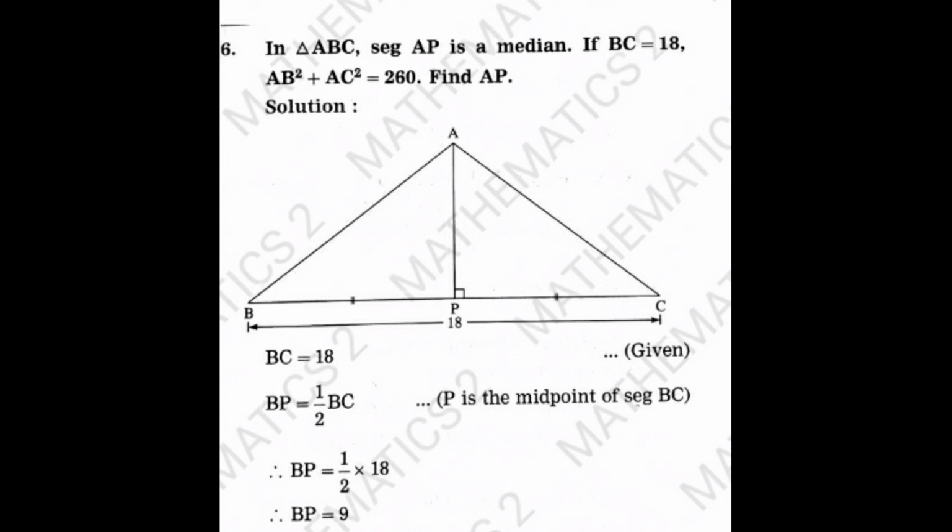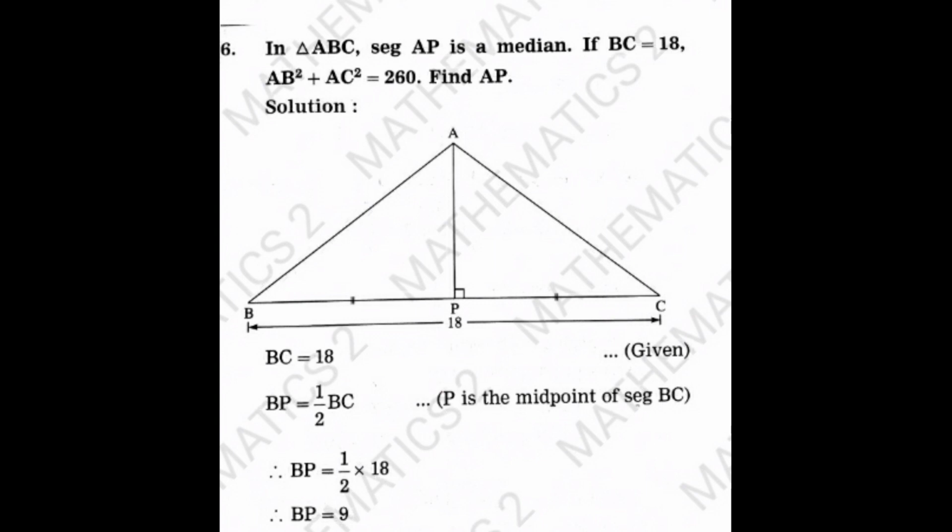Question number 6. In triangle ABC, segment AP is a median. If BC is equal to 18, AB square plus AC square is equal to 260, find AP. Here triangle ABC is given, in which AP is a median.